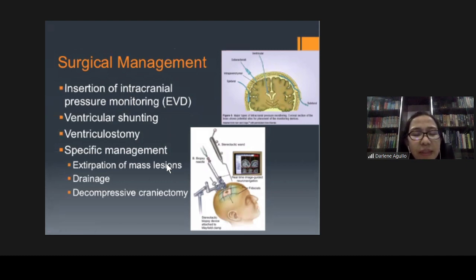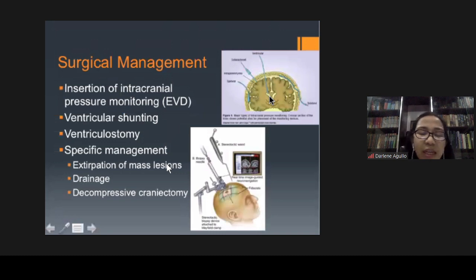Yung catheter. So the catheter is placed into one of the lateral ventricles via a burr hole.